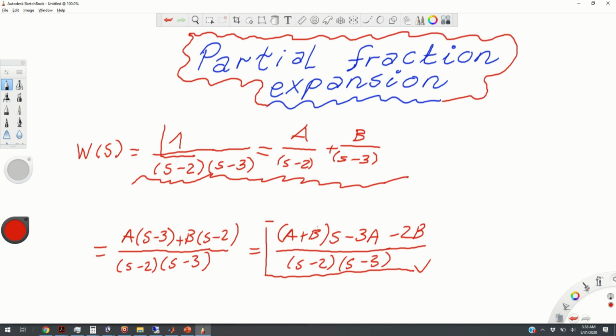Let's call this expression 2 and expression 1. They are equal if the terms in the numerators are equal, since the denominators are equal. So we have to satisfy the following equation.